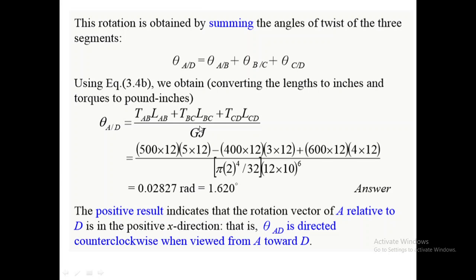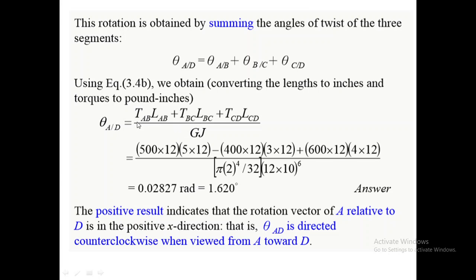Since the material is the same, G will be the same for all portions of the shaft, and J also will be the same because the diameter of the shaft is the same. So G and J are common here. If you add all the angle of twists, you will get the angle of twist at the point D relative to A.